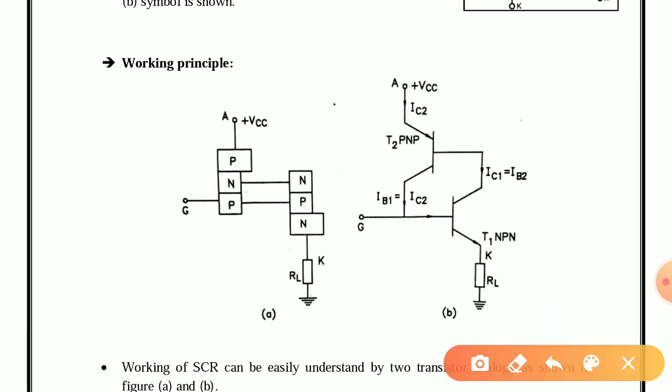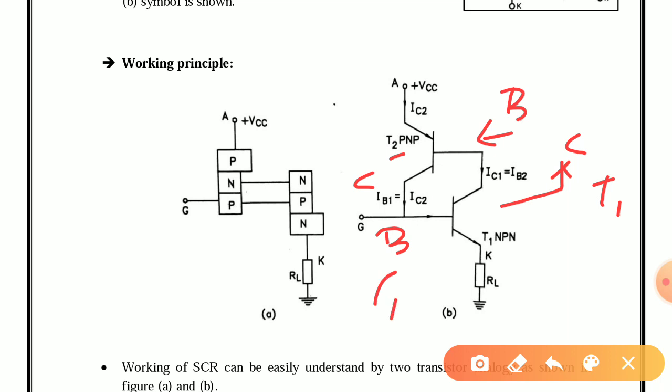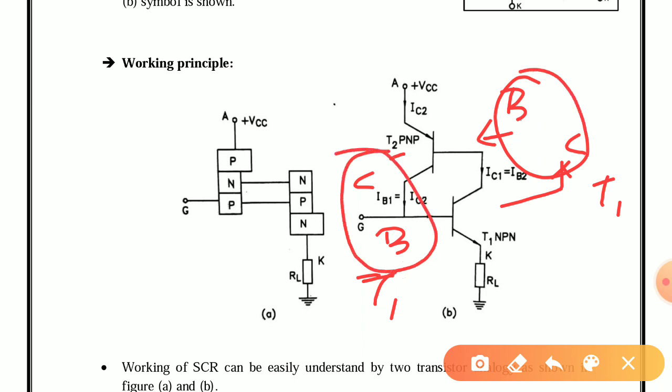The collector of the first transistor T1 is connected to the base of T2, and similarly the collector of T2 is connected to the base of T1. So simply, the base and collector of both transistors are connected to each other.